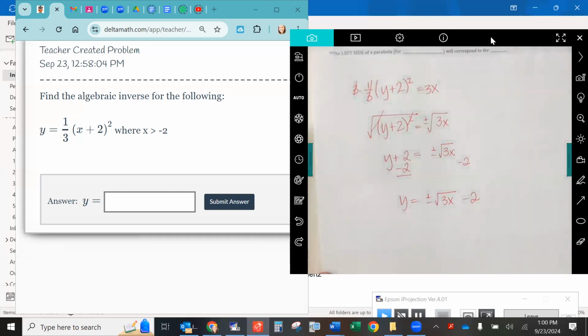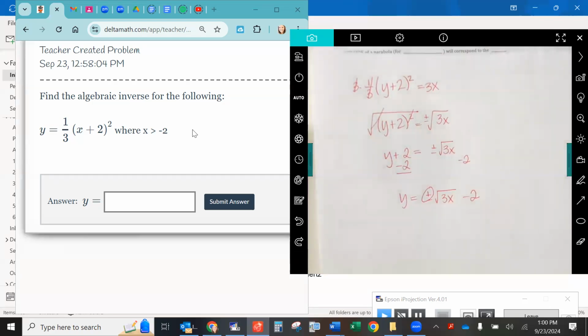Okay, from here, if your x is a greater than, you're gonna pick the plus. If your x is a less than, you're gonna pick the minus. So looking at your question right here, what sign did they put here? And if it's a greater than, then I choose which of these guys? The plus. Now, do you have to type the plus?